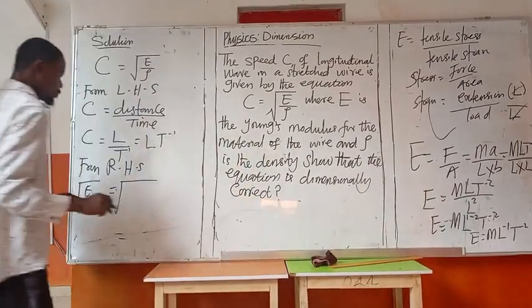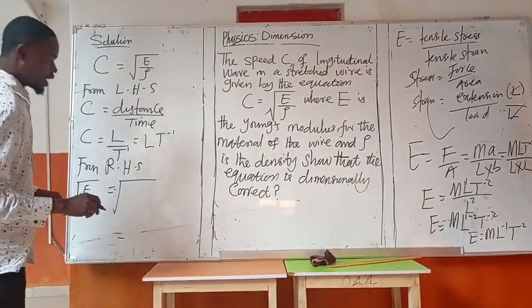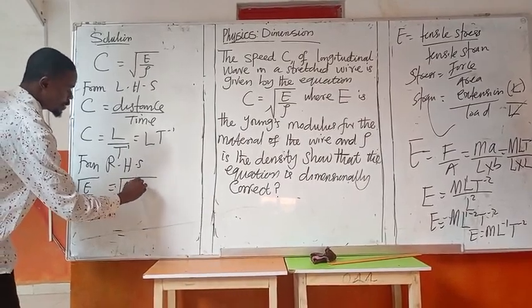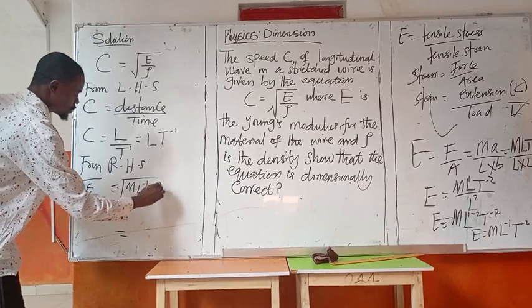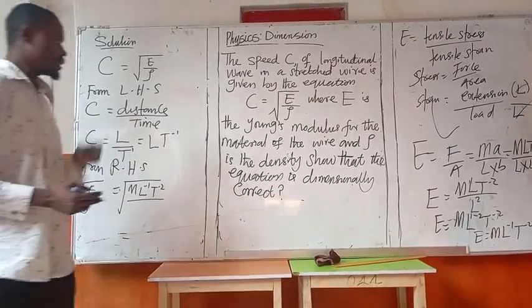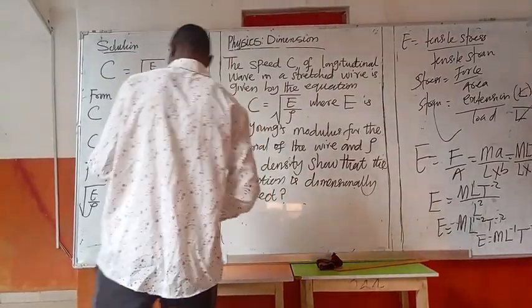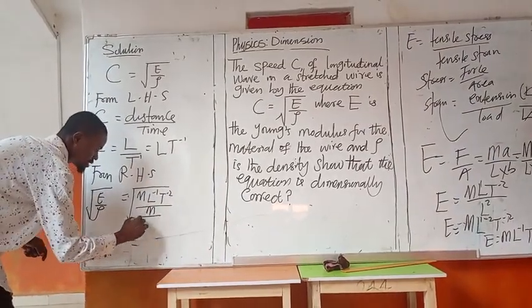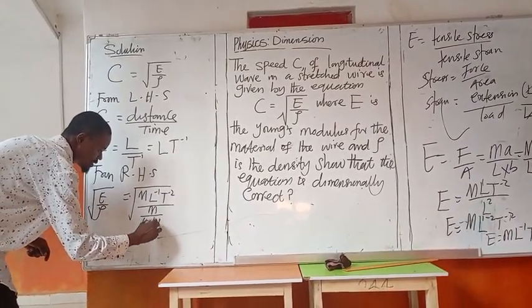We now come back to this. The dimension for Young modulus is M L raised to power minus 1 T raised to power minus 2, all over density. Density is mass over volume, and volume is length times breadth times height.